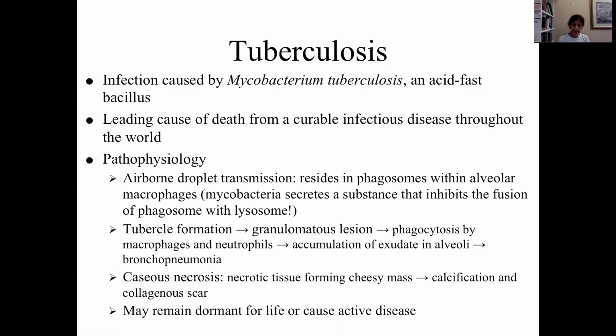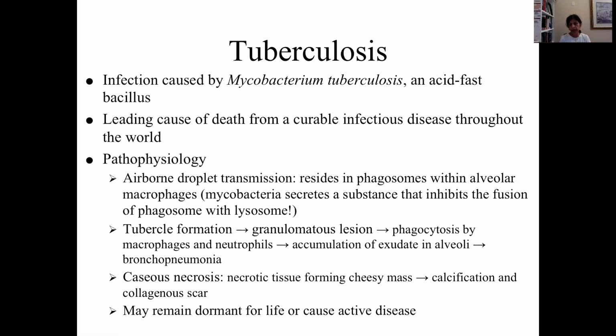And you have macrophages and these tubercles within them appear as a granulomatous lesion. Okay? You have heard of this in the immune discussion. Granulomatous is where you have lots of leukocytes.